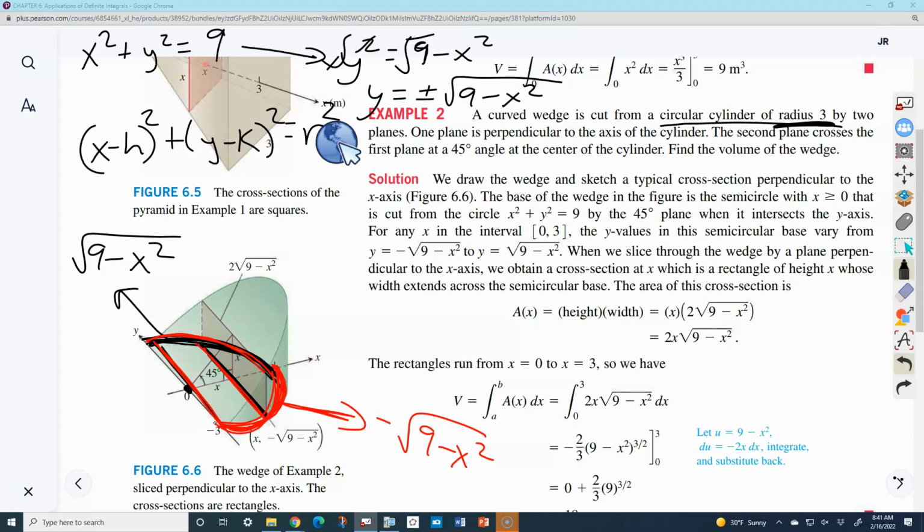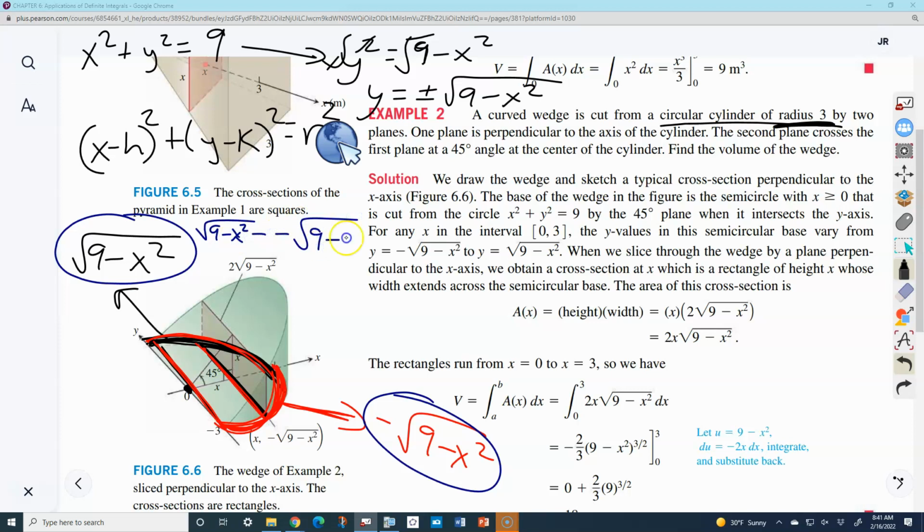So it is this minus this. Let me just write that. It's the square root of 9 minus x squared minus negative square root of 9 minus x squared.